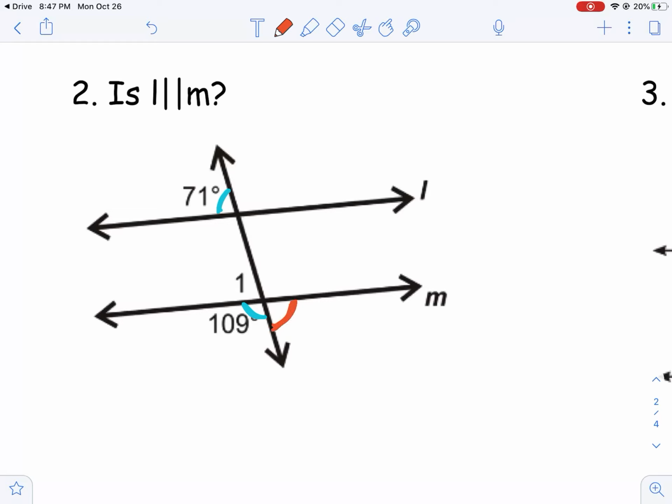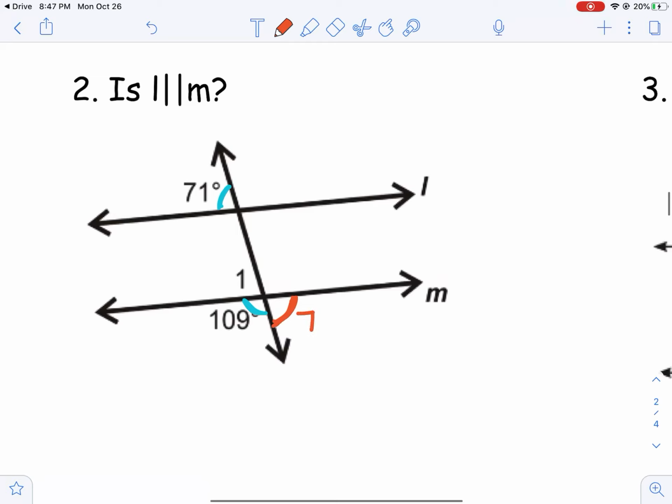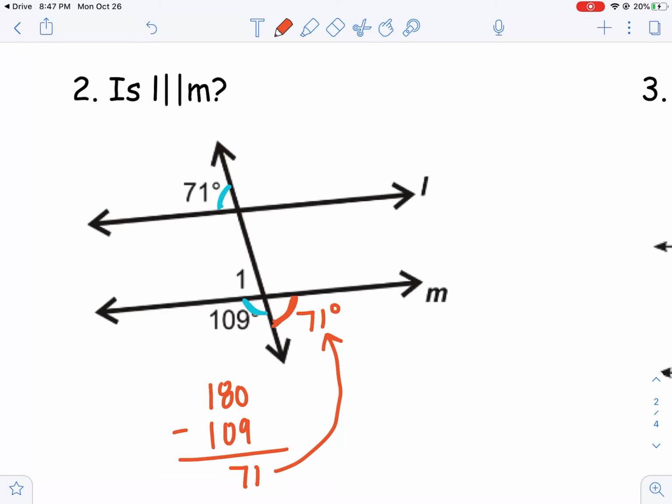Based off the fact that this other angle that would potentially form a linear pair is 109 degrees. Well, if I wanted to find this other angle, I would subtract 109 from 180 and get 71.